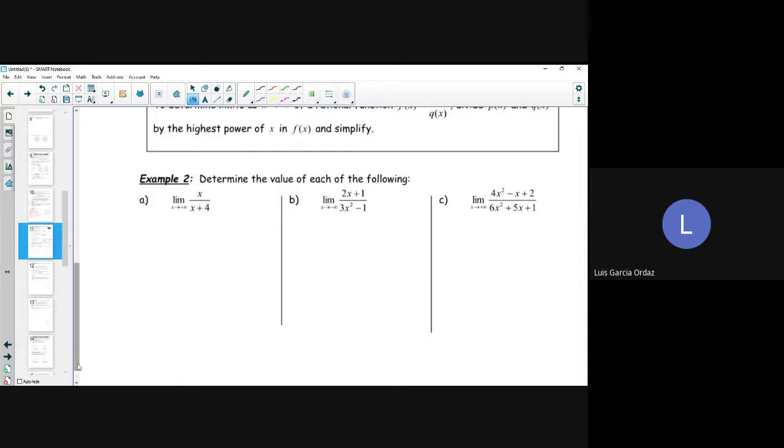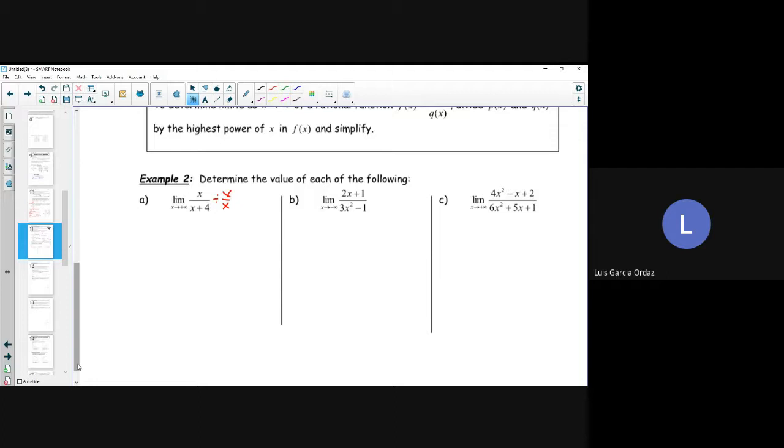So in my denominator, my highest degree is 1. So I can divide both the top and the bottom by x and x. Okay? Remember, to get our horizontal asymptote, we're just dividing by the degree that is in the denominator.